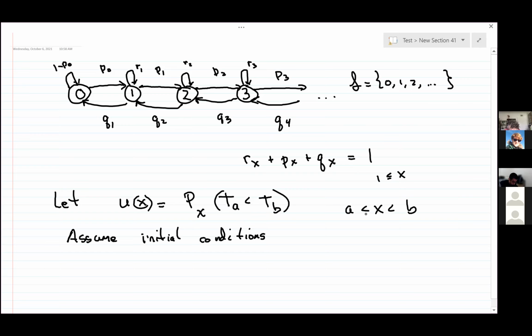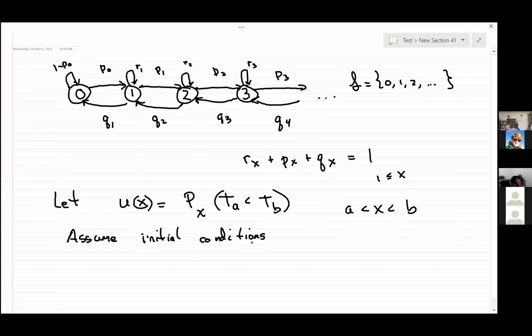So here we're picturing the states sort of linearly related, where X is in the middle, A is less than X, and B is bigger than X. And so we're picturing this to mean we started at this intermediate state and want to know the probability that the time we first hit A is less than the time it takes to first hit B. So that's what we're trying to figure out.